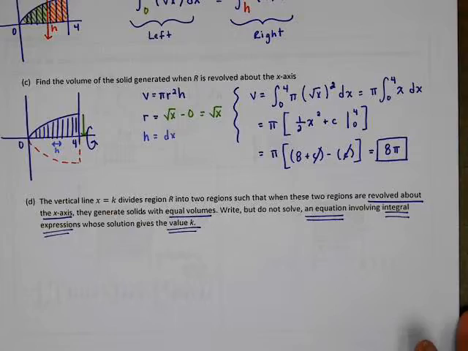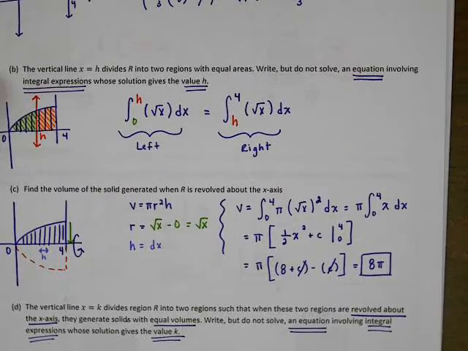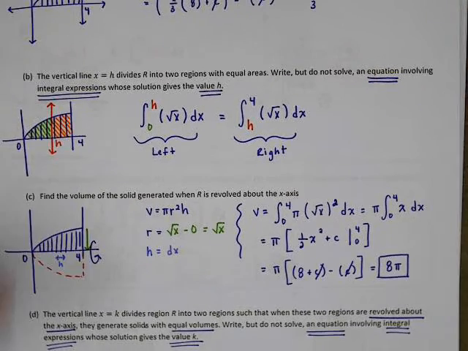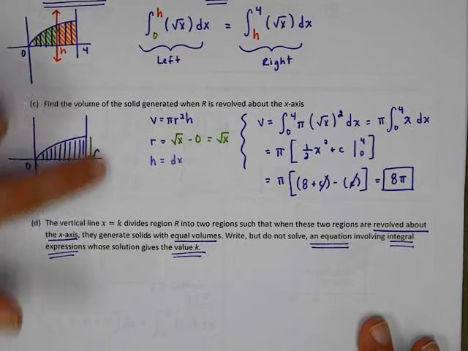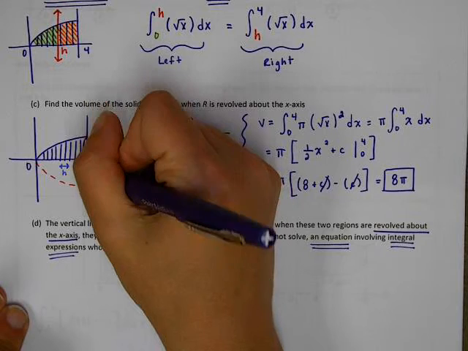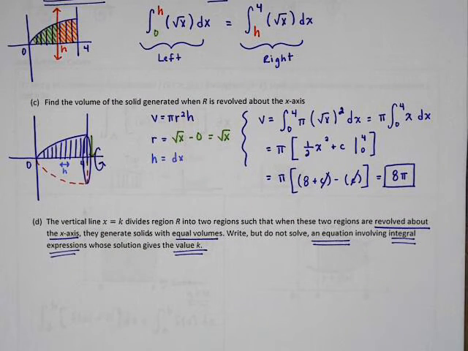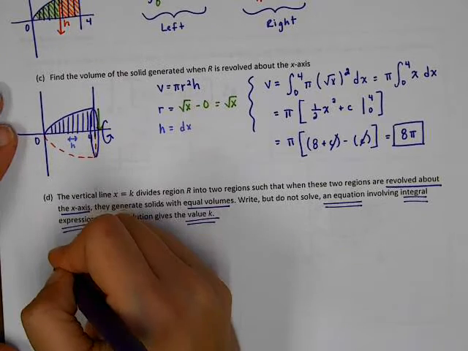Now this is a very similar question to what we did in part B, only instead of creating a shape that has two separate areas that are equal, we're taking this three-dimensional shape that we created in part C, and we're dividing it up and so it has two separate volumes that are equal.